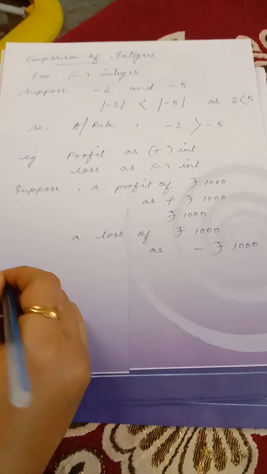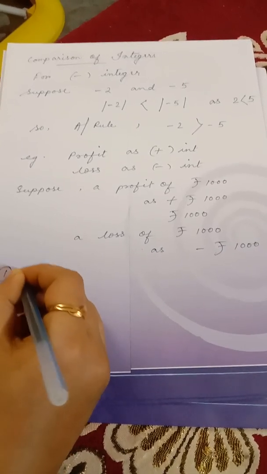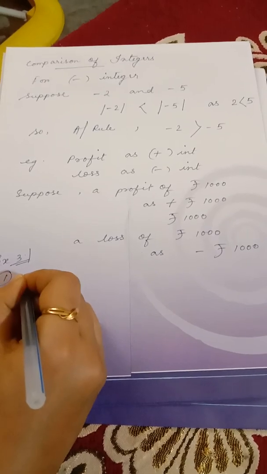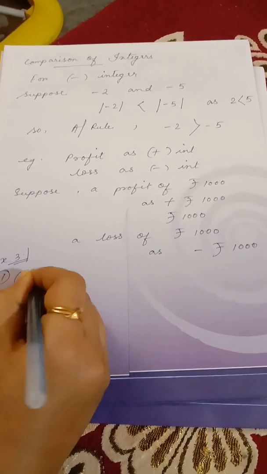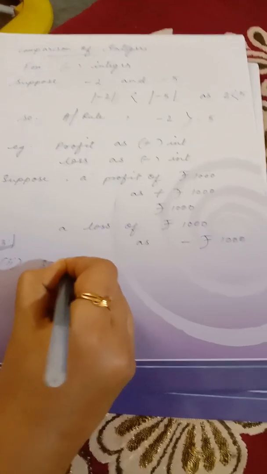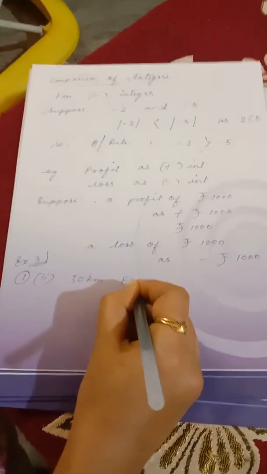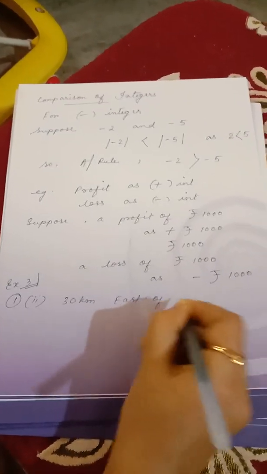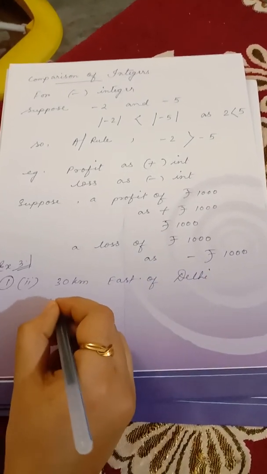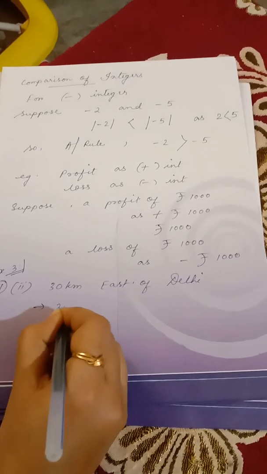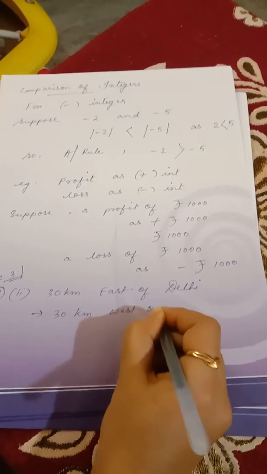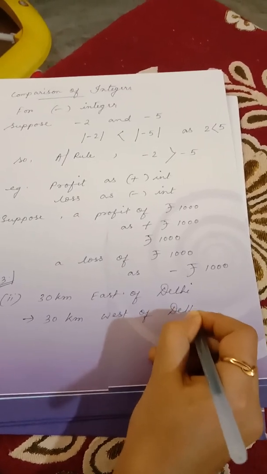So in that we can solve number 1, 2, that is the 30 kilometer east of Delhi. What will be the opposite of that? 30 kilometer west of Delhi.